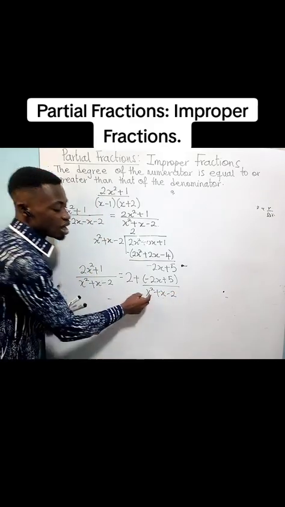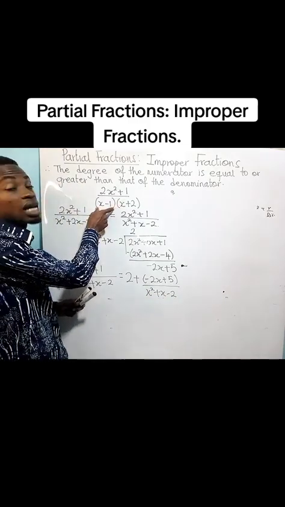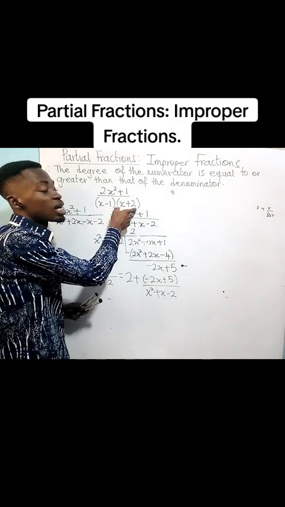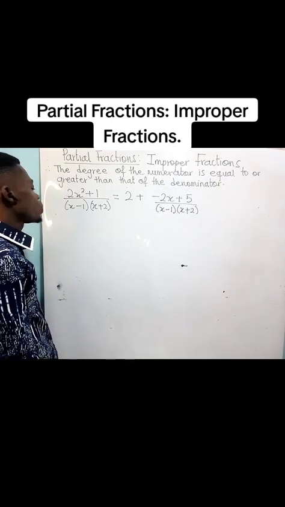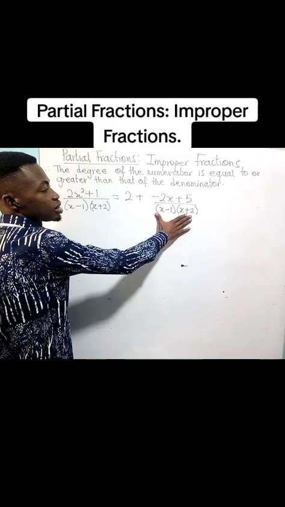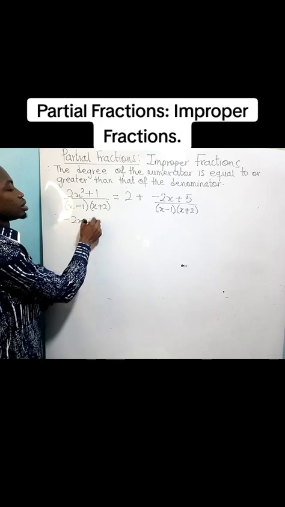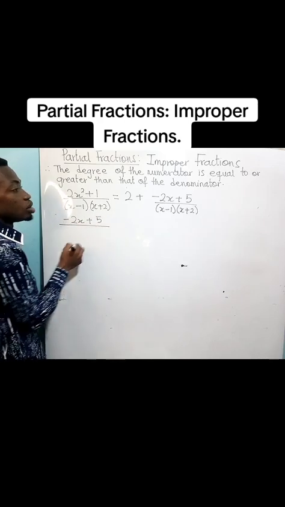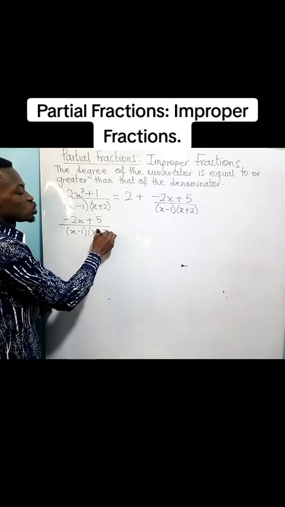And take note, x squared plus x minus 2 here is the same as in brackets x minus 1, then in brackets x plus 2. So now we are going to resolve this, negative 2x plus 5 over x minus 1, x plus 2.